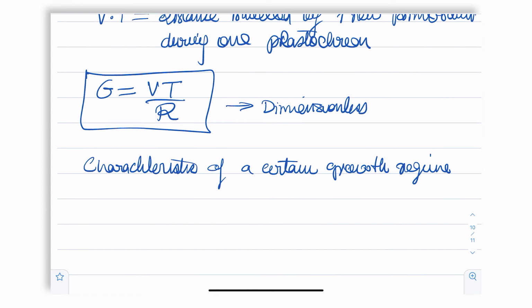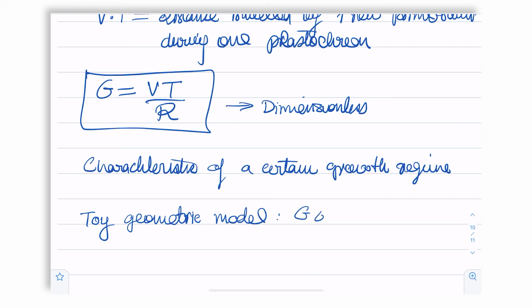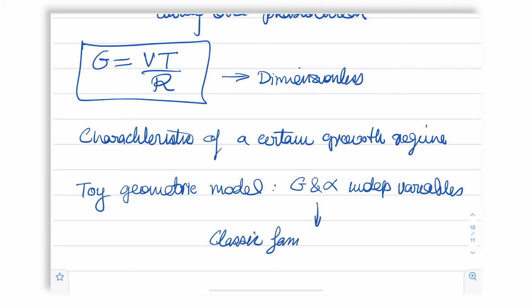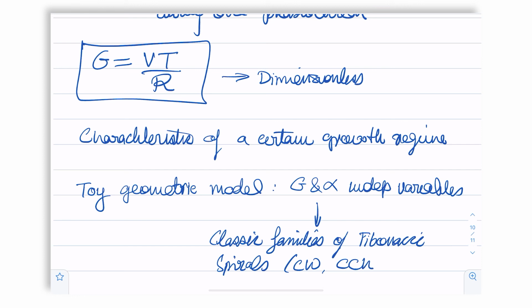A toy geometric model can show that if G and alpha are independent variables, we can generate classic families of Fibonacci spirals, both clockwise and counterclockwise.